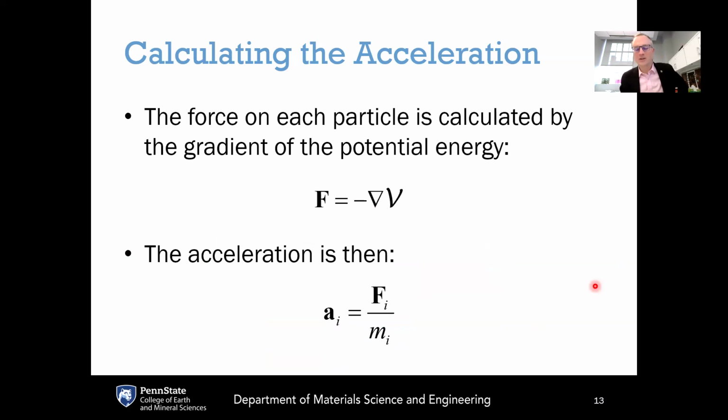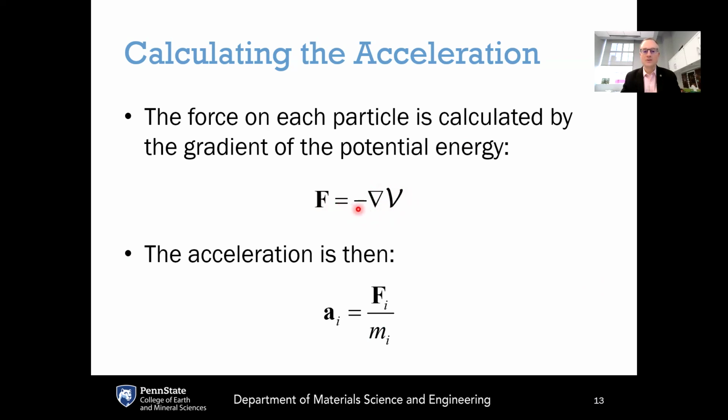Now we want to calculate our acceleration. What we need to do to apply F equals ma is to calculate F. We need to calculate the force acting on each atom in the system. That force is the negative gradient of the potential energy. So if we take the gradient of our total potential energy function, the force is acting downwards, down the gradient.